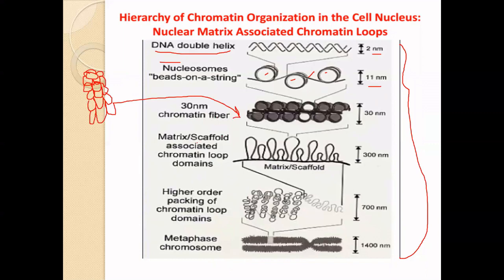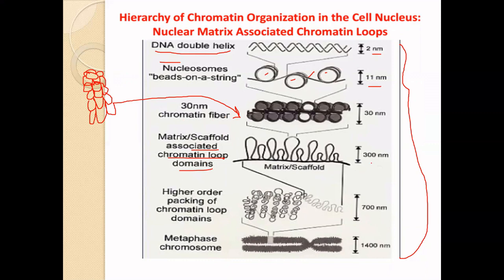After that, it forms a scaffold structure. That means this 30 nanometer structure forms some loops. These loops are associated with the chromatin loop domain.